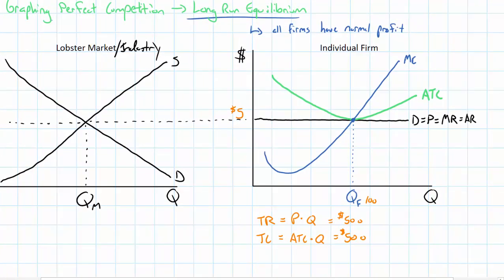Now from there you graph your marginal cost curve and your average total cost curve. Your marginal cost curve gives you your quantity, where those two lines intersect, MR and MC. And the average total cost curve is going to tell you if you have a profit, a normal profit, or an economic loss. In this case, we have a normal profit because we're operating in a perfectly competitive market under the long run equilibrium.